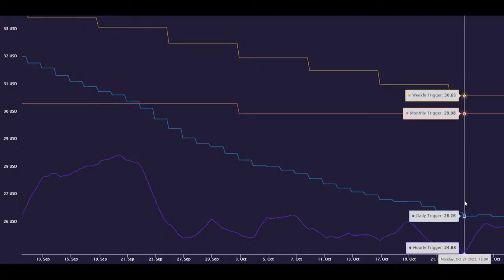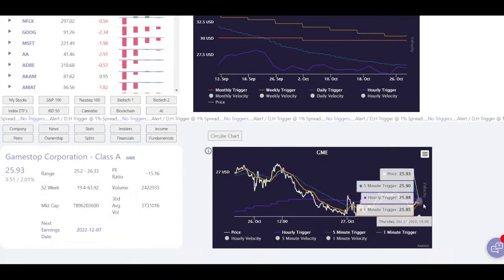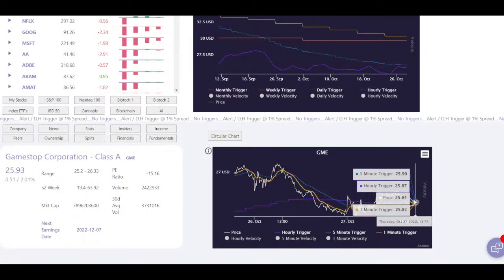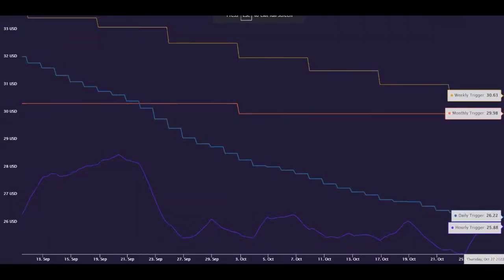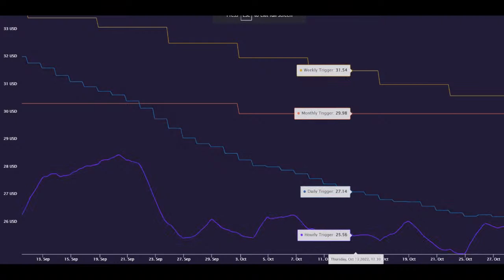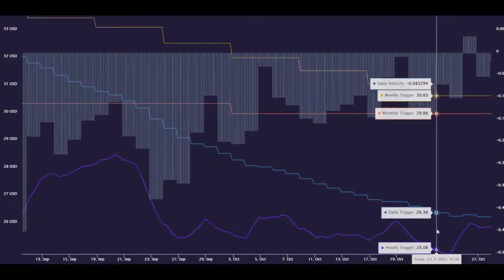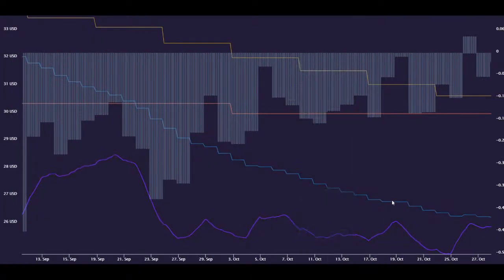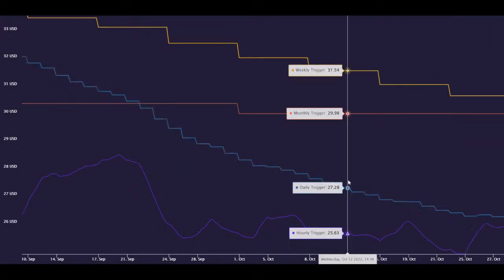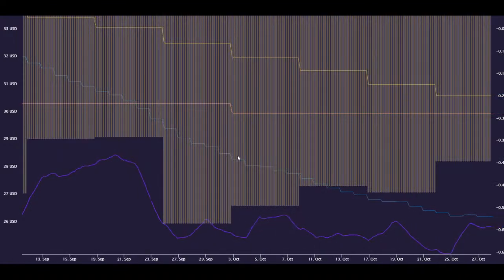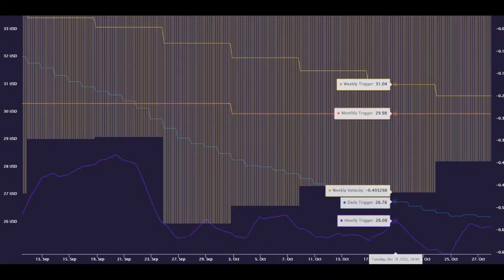But either way, so one, we want to break out of this 3 trigger cluster bullishly. That's anything above 25.90. Two, we want price to break above the daily trigger at 26.20, which will give us positive daily velocity, which is very, very, very important. Three, we want to get as close to 30.63 to close the week, because the closer we get to 30.63, the more we can repair this negative weekly velocity.